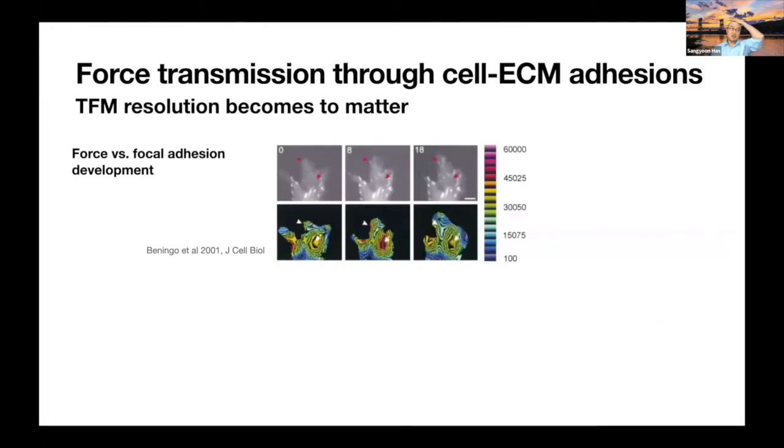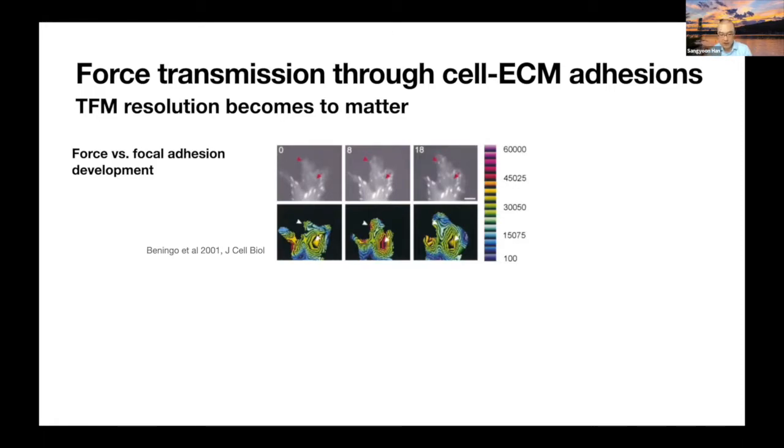Later, this force has also been linked with cell-ECM adhesion. ECM means extracellular matrix again. And here, the TFM's spatial resolution matters more. This is a little while ago: these authors tried to see how zyxin, one of the molecules involved in adhesions, is related to the force.